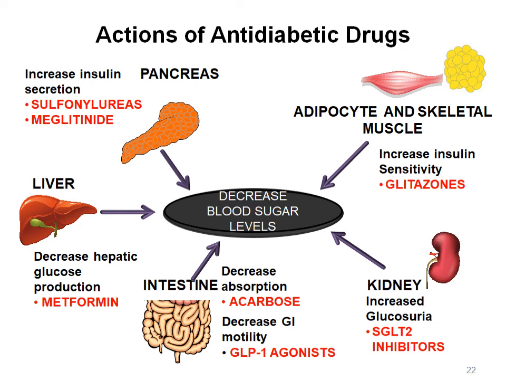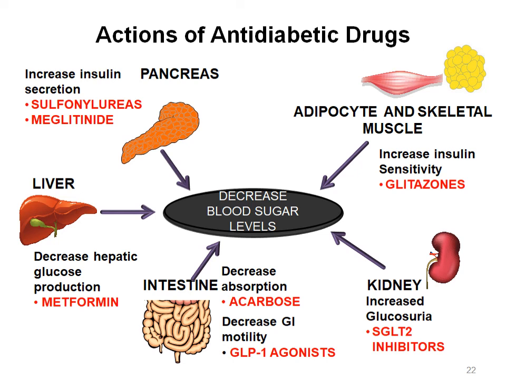The antidiabetic drugs act at different organs. They may act on the pancreas to stimulate insulin secretion, such as sulfonylureas. They may act on the liver to decrease hepatic glucose production, such as metformin or biguanides. They may act on the gastrointestinal tract to decrease the absorption of glucose or decrease GIT motility.